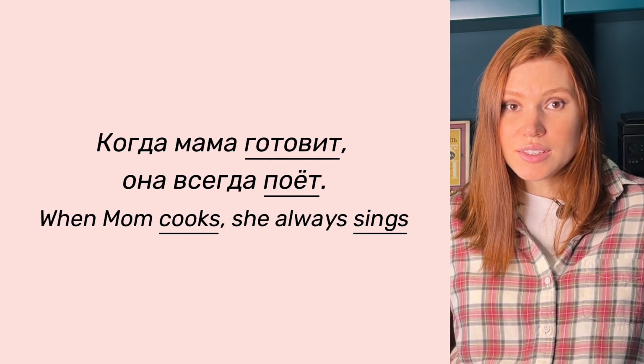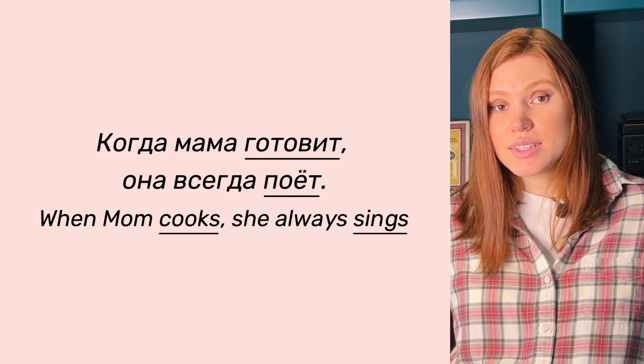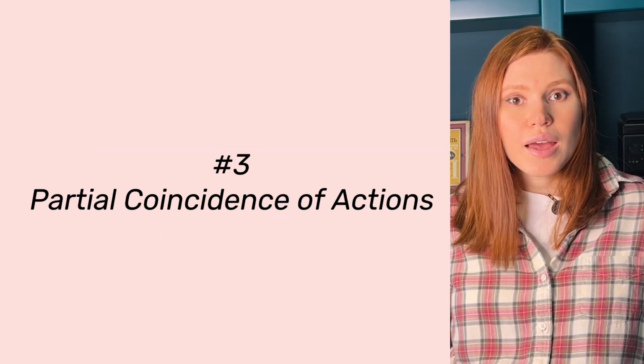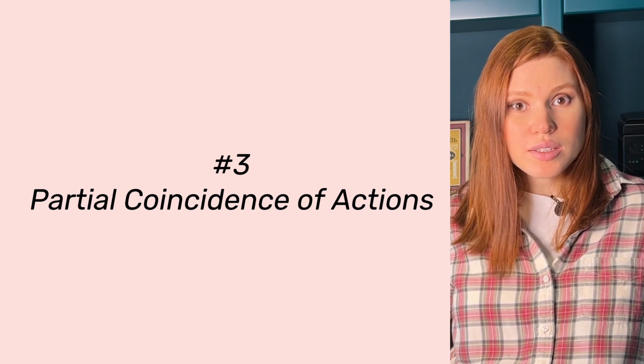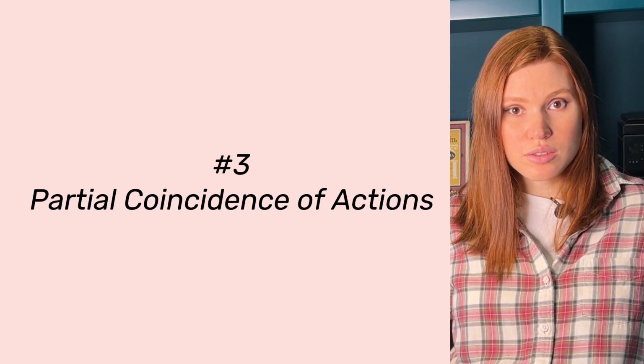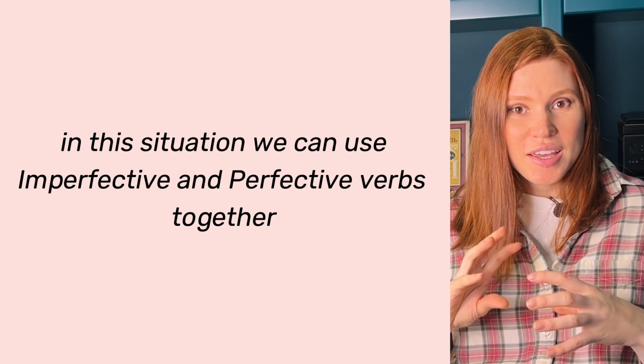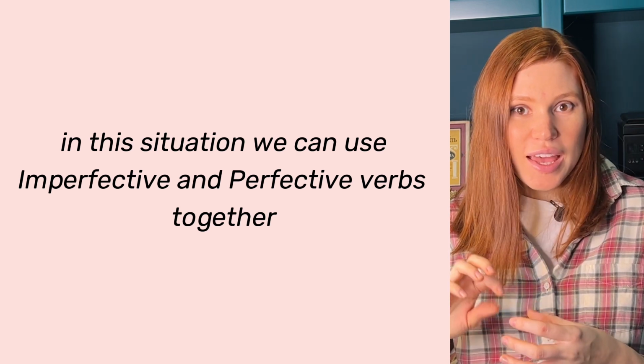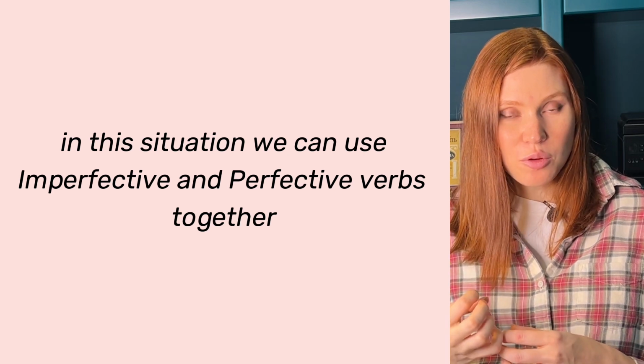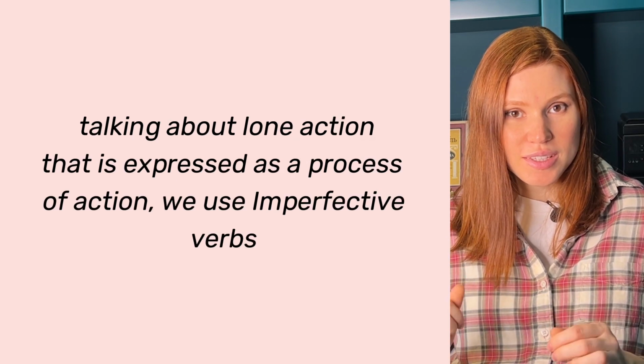So, again, two actions at the same time. Okay? And the last situation, partial coincidence of actions. In these situations, we can use imperfective verbs and perfective verbs together. Let's see.